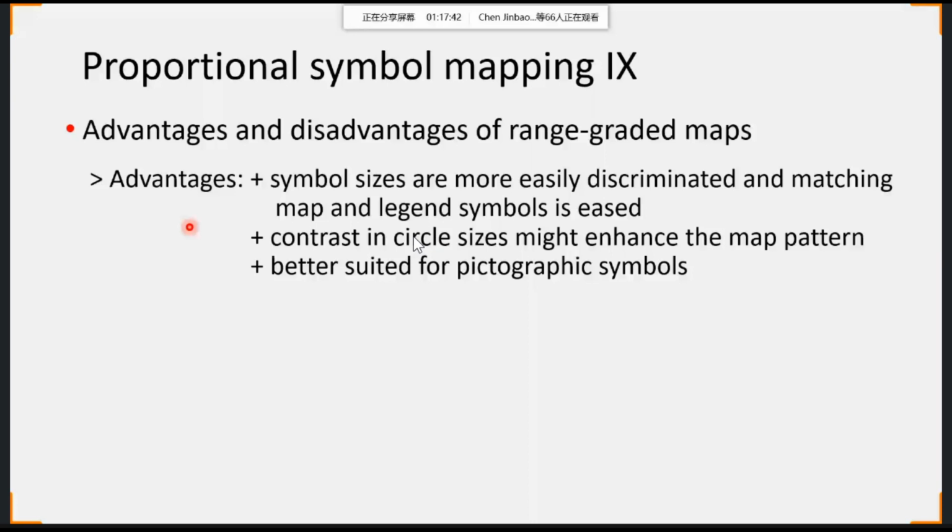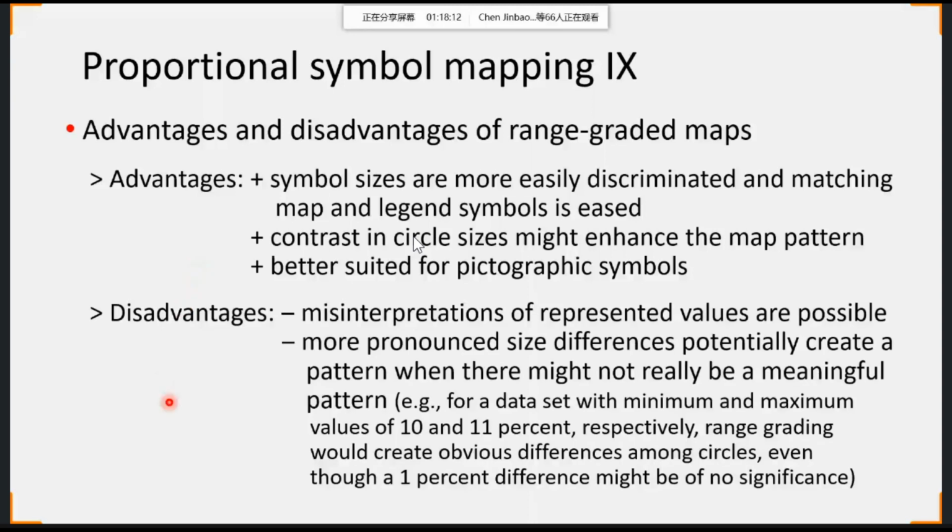Also square sizes, of course, are better suited for pictographic symbols. So it's the same basic idea as we had in the example with the beer mugs, with these pictorial symbols. There you have a certain number of fixed sizes, and each of them represents one class. So each size represents several numbers, and all these numbers lie within one class.